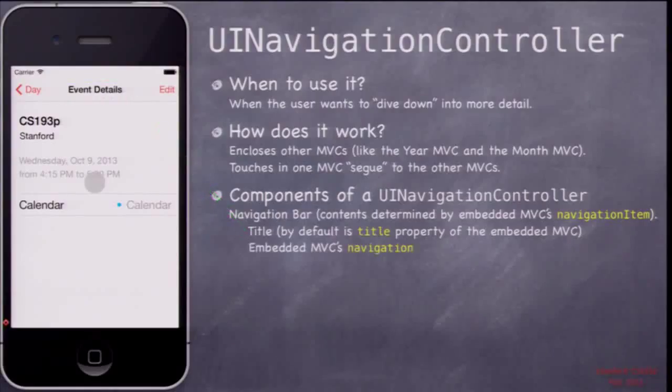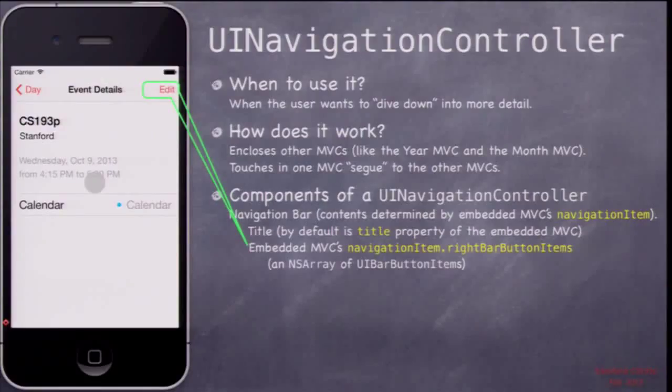Also, we have the buttons on the right here. So there's only one button here, Edit, but if you remember back to the month and day, there were actually 2 buttons, like a little plus sign to add an event, maybe, and a little magnifying glass to search, things like that. So you can actually have multiple buttons here. That's why it's an NSArray.